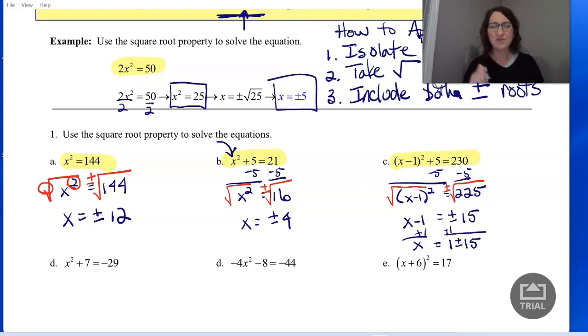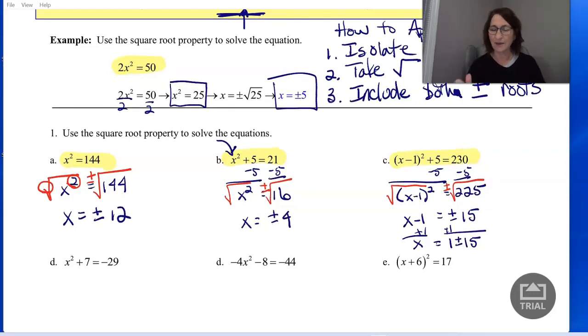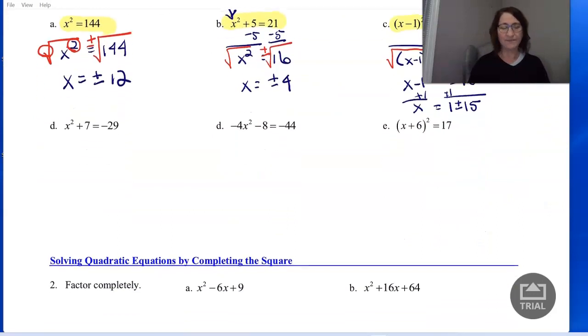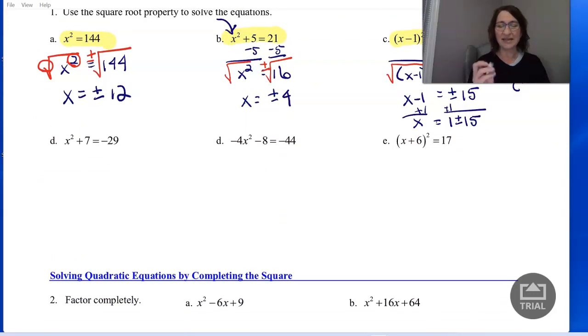Well, that's giving me two values for x. So over here, I'm going to solve and get those two values. It's 1 plus 15, which is 16, and then 1 minus 15, which gives me a negative 14. There we go.